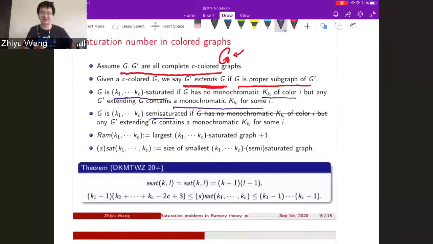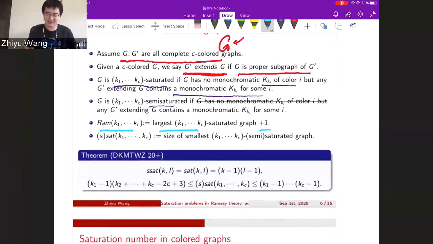So this is the natural definition: as long as any G prime extending G contains a monochromatic K_{k_i}, G is semi-saturated. In that definition, what is the Ramsey number? The Ramsey number is basically the largest K1, K2, until Kc saturated graph plus 1, depending on how we define the Ramsey number. And naturally the analog is the smallest K1 to Kc semi-saturated or saturated graph.